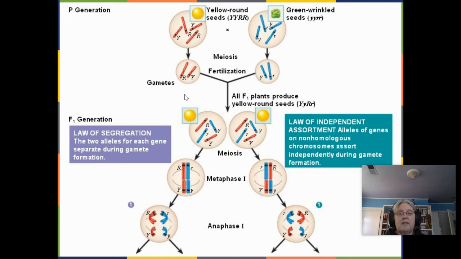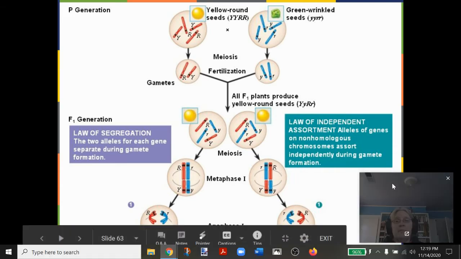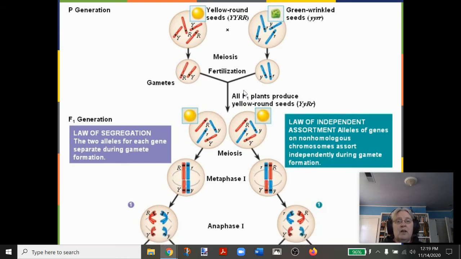All right, here is an example of the dihybrid cross combining Mendelian genetics and meiosis together to see how it works. We start out with our true breeding seeds. Here we have yellow round seeds and green wrinkled seeds.